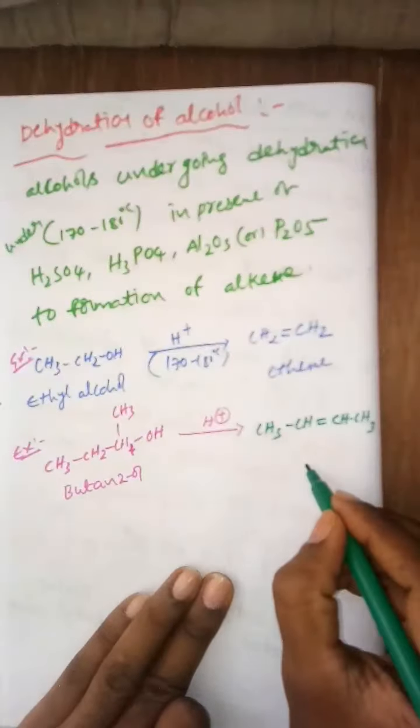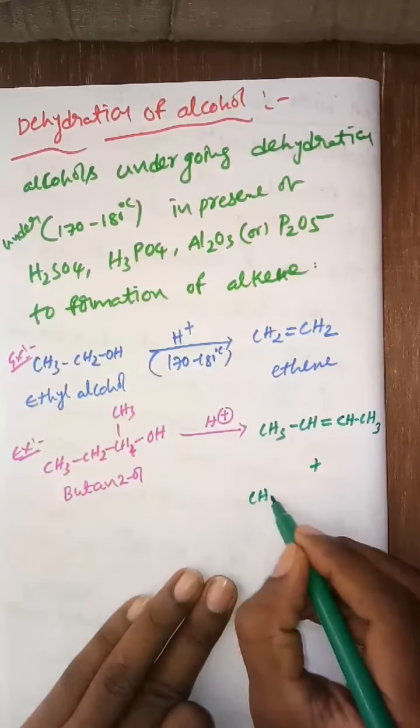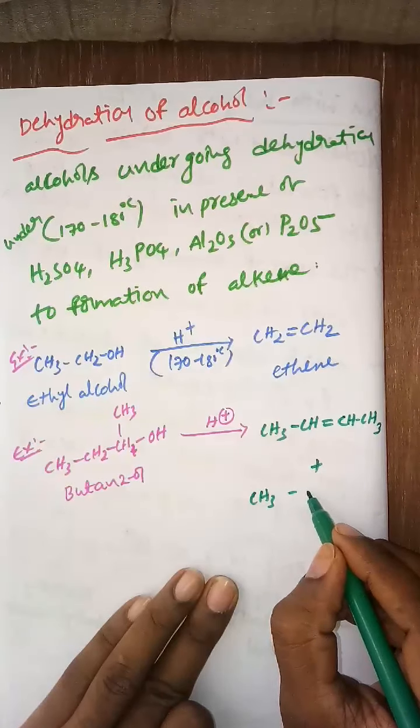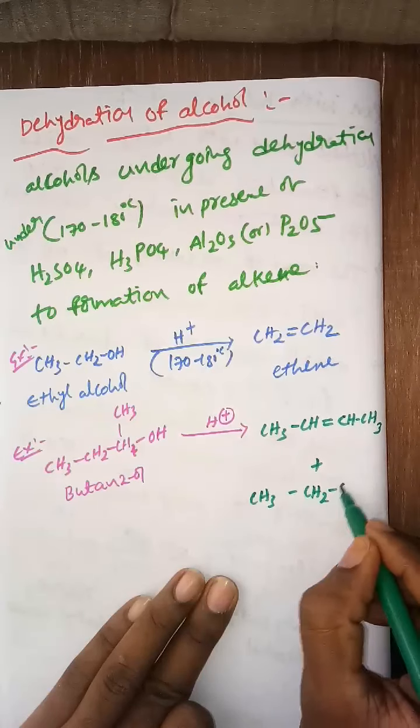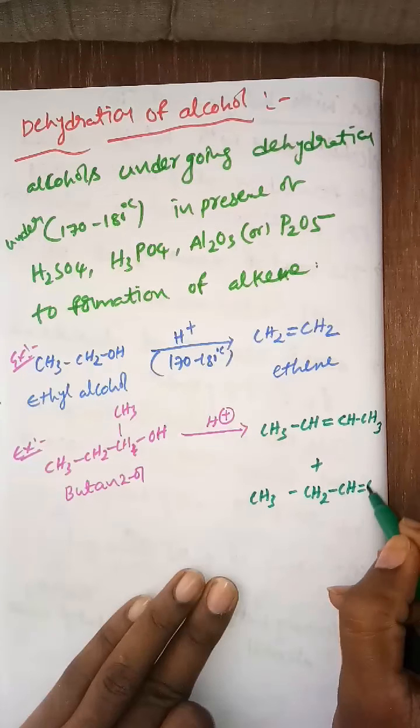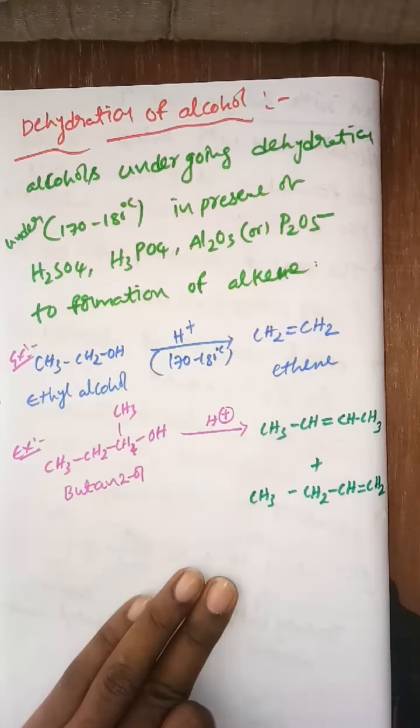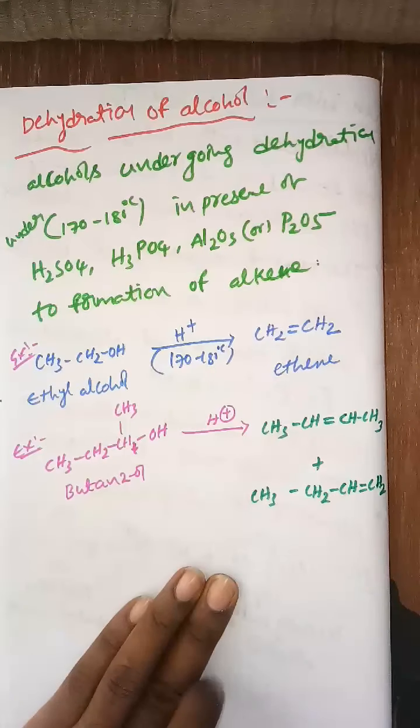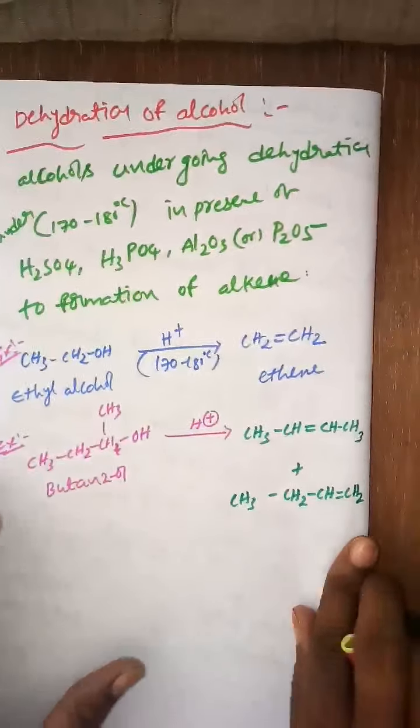And this other one: CH3CH2CH=CH2. What are the names for these two examples?